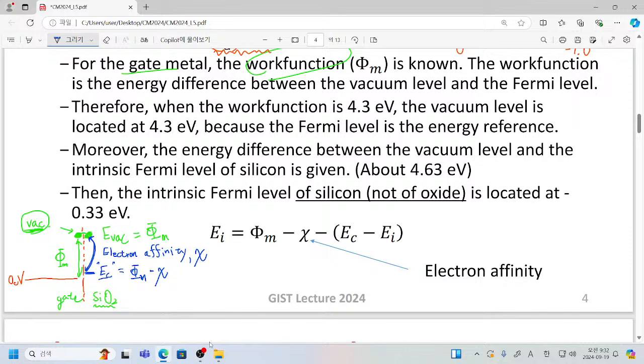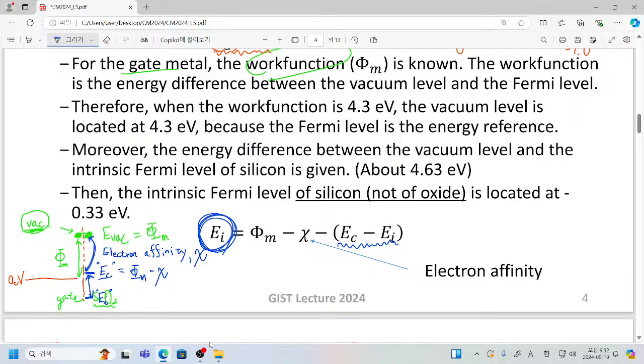After that, if we know the difference between EI and EC of a silicon material, then by taking this difference, we can eventually point out the intrinsic Fermi level of our silicon material, in this case, our reference material.